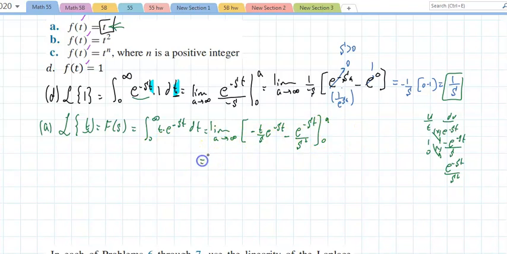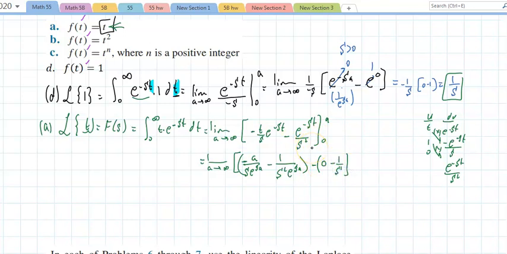I'll write it here. That's the limit as a approaches infinity. If I throw the a in, that's negative a over s times e to the sa, minus 1 over s squared e to the sa, minus, if I put a 0 in, that's a 0 minus 1 over s squared, and the same deal here.